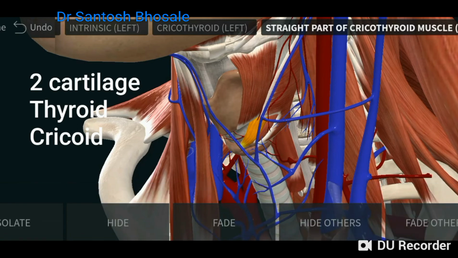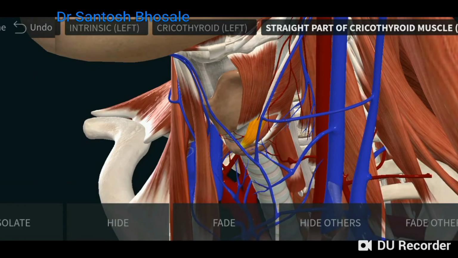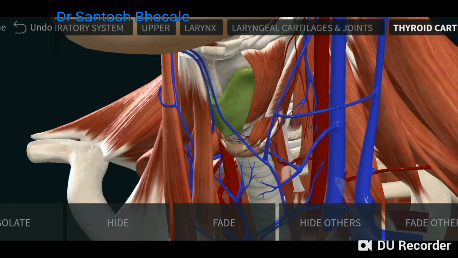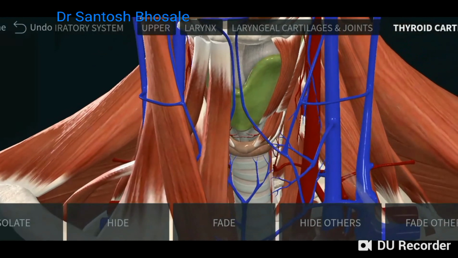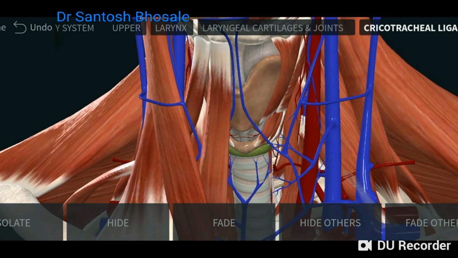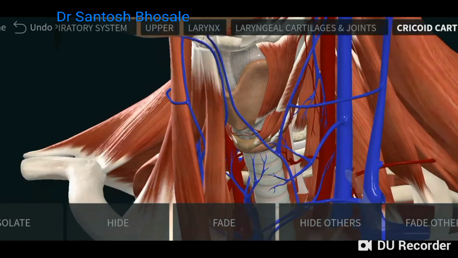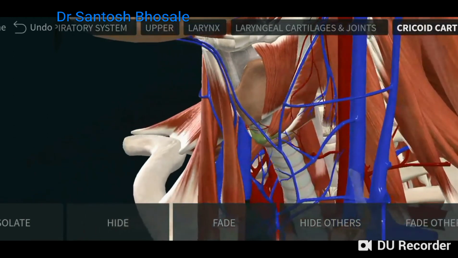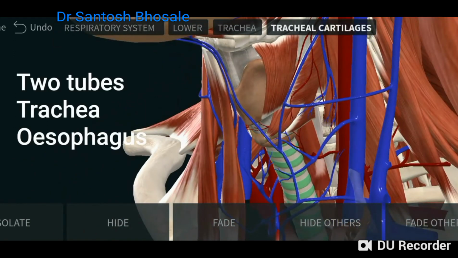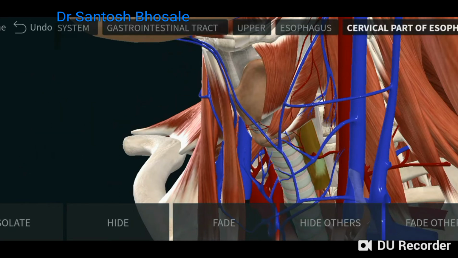You can see there, and the two cartilages are thyroid and cricoid, and two tubes, trachea and esophagus. Remember, two muscles and two cartilages: thyroid cartilage, cricoid cartilage, and two tubes, trachea and esophagus behind, you can see.